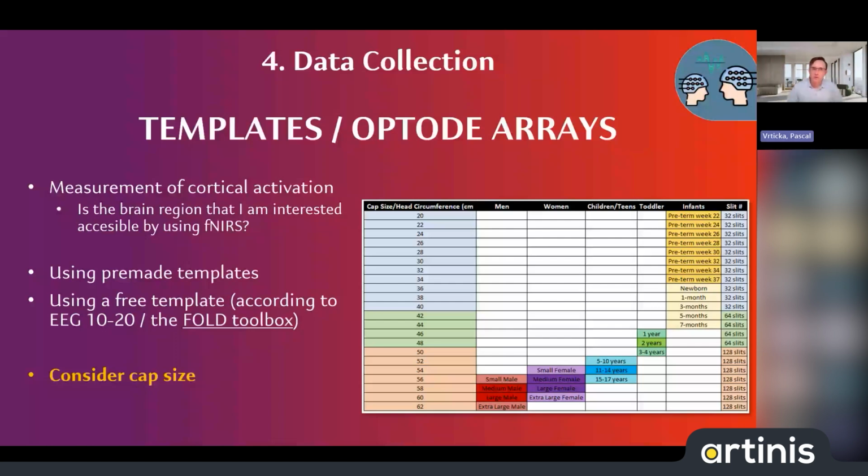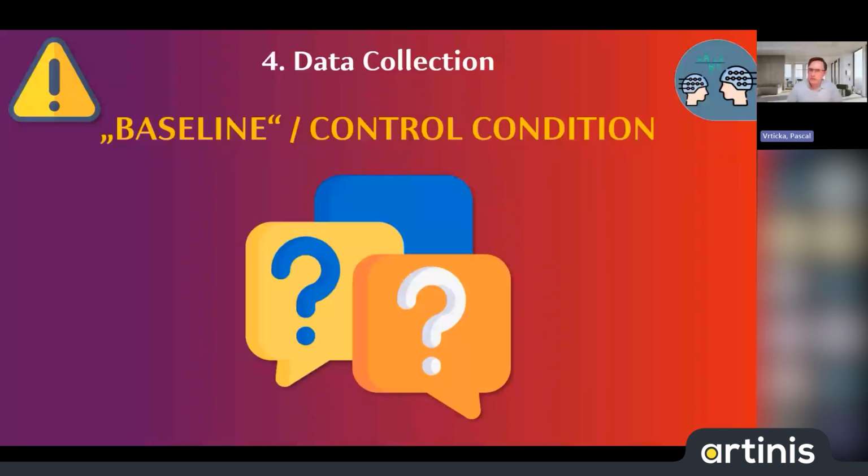Another consideration for data collection is, what are we actually collecting, and how do we compare what we are collecting? And here we are talking about baseline tasks or control tasks. And this is quite important. Here there has been a bit of a development over the last decade or so.